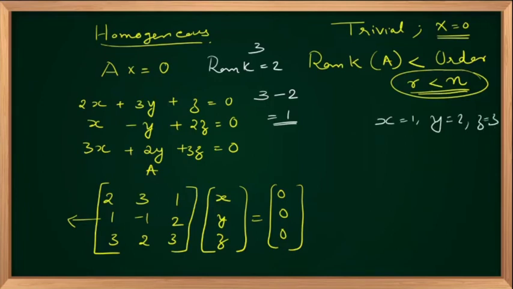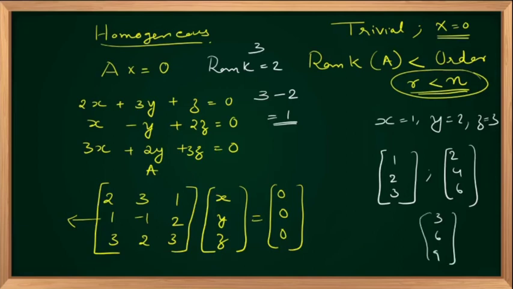If this is a solution, all the scaled values of this vector are also solutions, which means I'll have 2, 4, 6, I'll have 3, 6, 9. All this will be a solution, but it will be considered as one set of solutions.